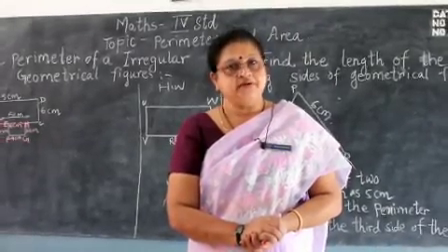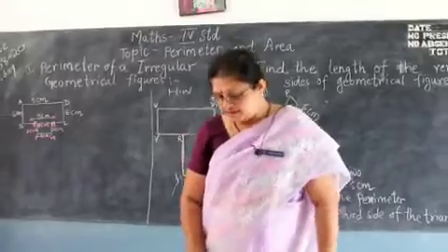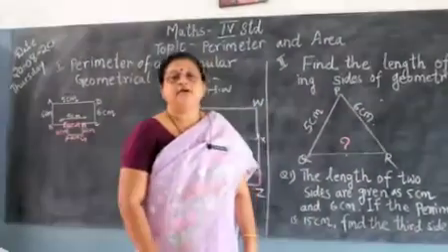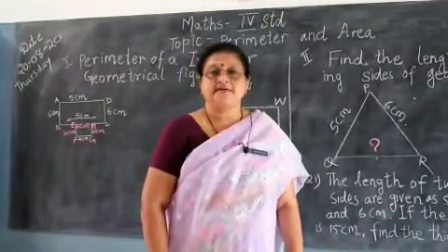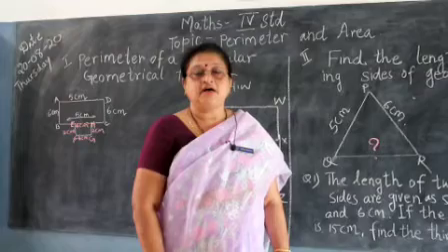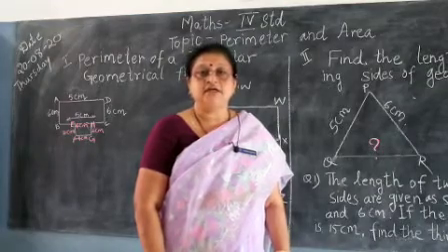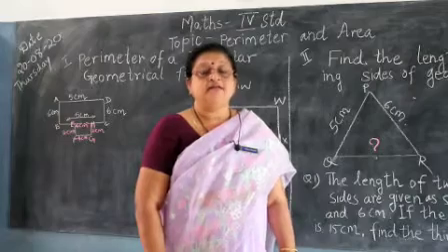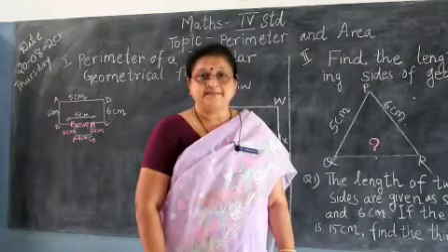So we will go into the topic. First, let's look into what you have learned. I hope you have learned what an area is, and what the perimeter of a geometrical figure is. We also studied how to find the area of a square and of a rectangle, and also found the perimeter.